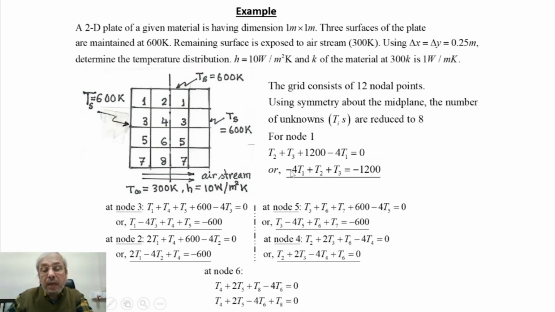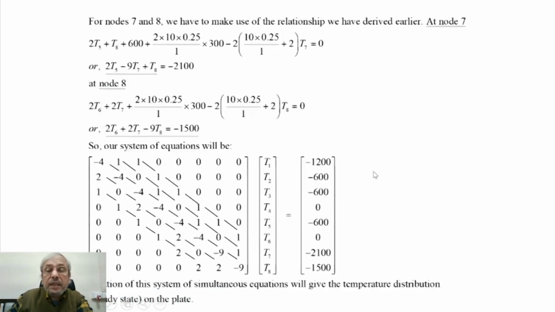So T1 will have a coefficient minus 4, T2 will have a coefficient 1, T3 will have coefficient 1, and T4 to T8 are absent here. So we'll write 0 as their coefficients and we'll write minus 1200 on the right hand side.